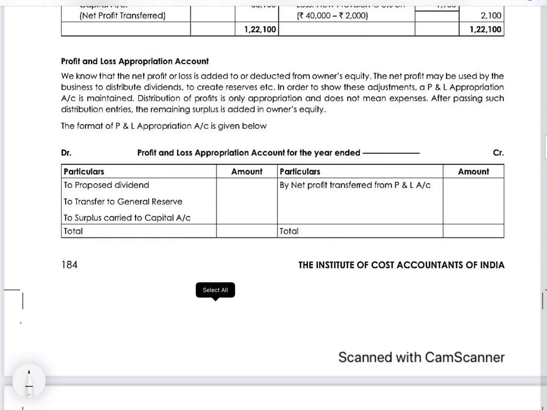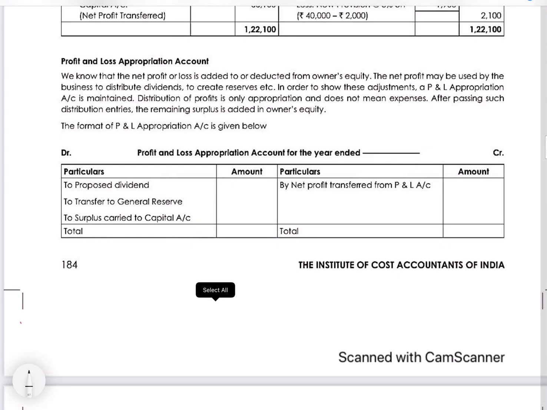Till now we understood how to prepare the trading account and the P&L account, and we understood how to arrive at the net profit. Now the next step is to prepare the P&L appropriation account, that is, the profit and loss appropriation account. Here we are not booking actual expenses.